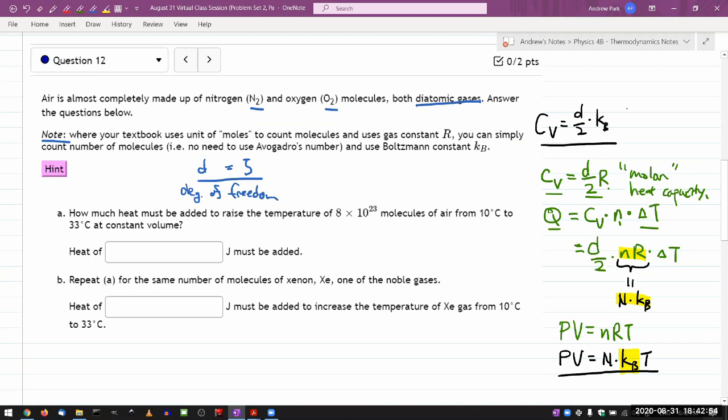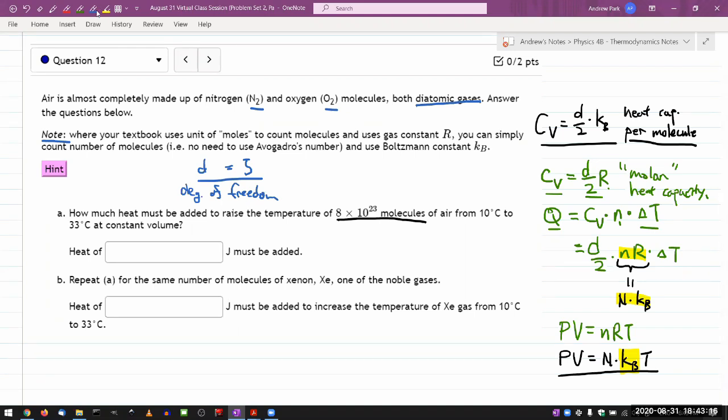This is the heat capacity per molecule. And if you look at the question, I give you the actual number of molecules, so you can just multiply with that actual number of molecules, not some number of moles that depend on what Avogadro's number is.